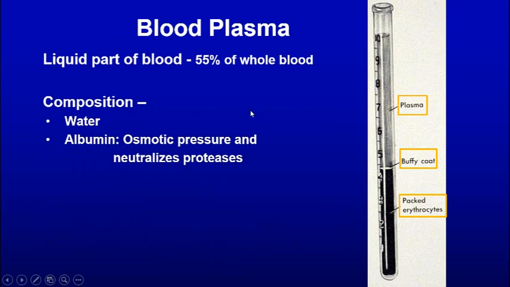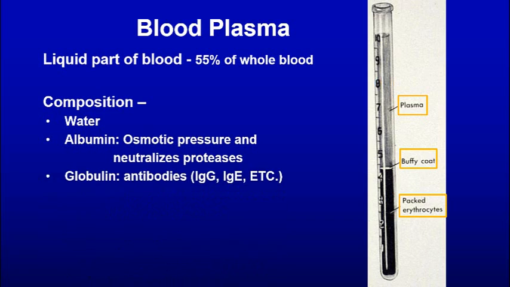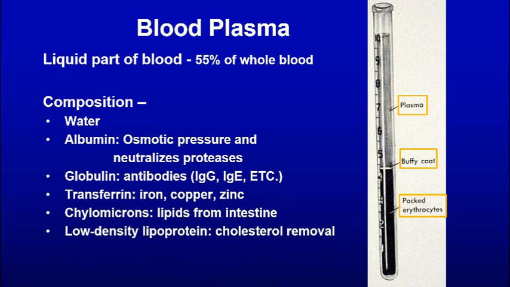In terms of the composition, it has water, and it has albumin in it. Albumin keeps the osmotic pressure, keeps fluid in there, and it neutralizes proteases. It also has globulins, antibodies, IgG, IgE, the different antibodies. It also has transferrin, which carries iron, copper, zinc.